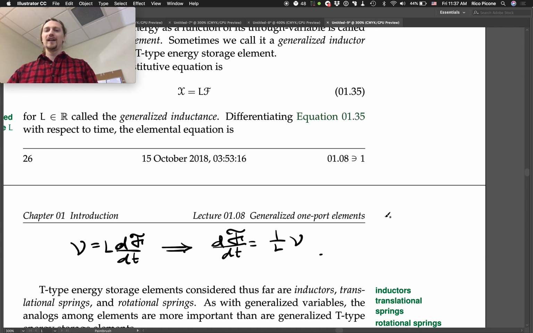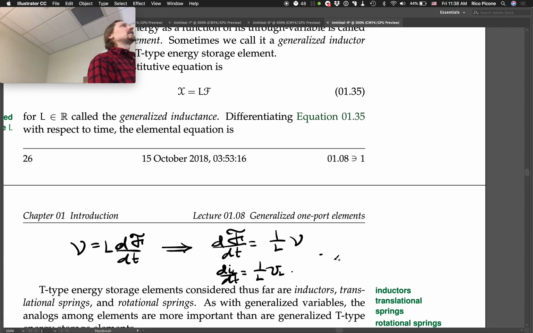Obviously. So for the inductor, this would be di_L dt equals 1 over L V_L, right? That's our elemental equation for an inductor.